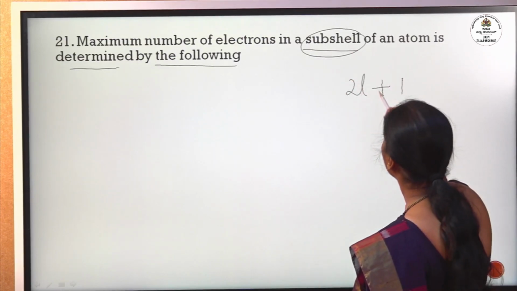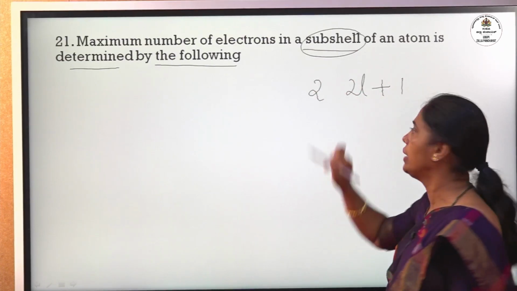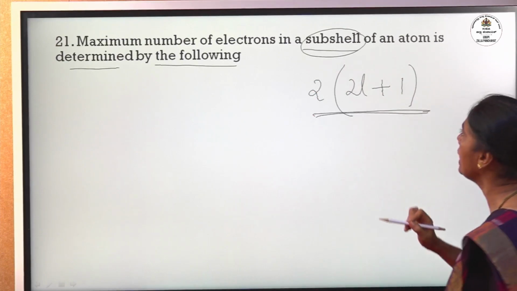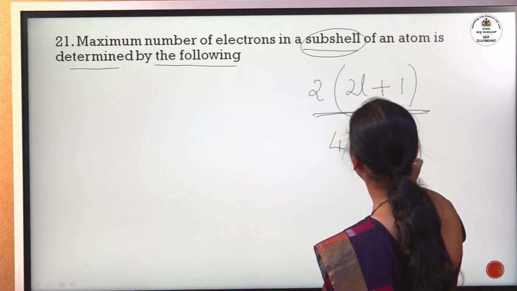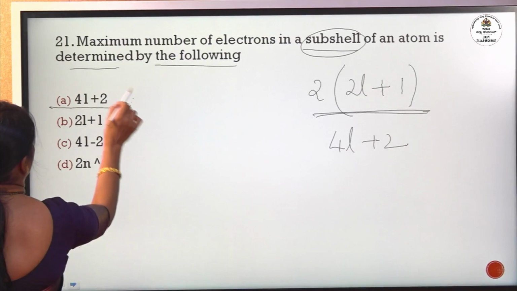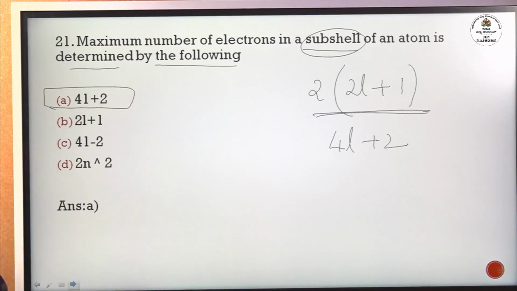Each orbital can accommodate a maximum of 2 electrons. So the number of electrons in a subshell of an atom is 4l plus 2. We'll check the options. So 4l plus 2 is the answer. A is the correct answer.